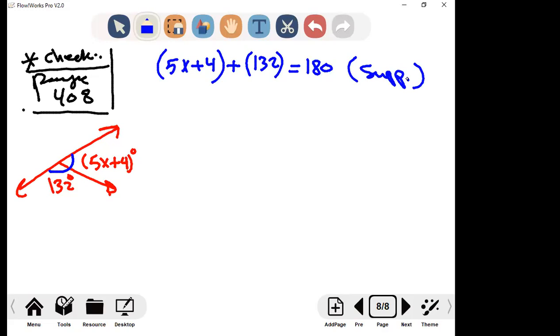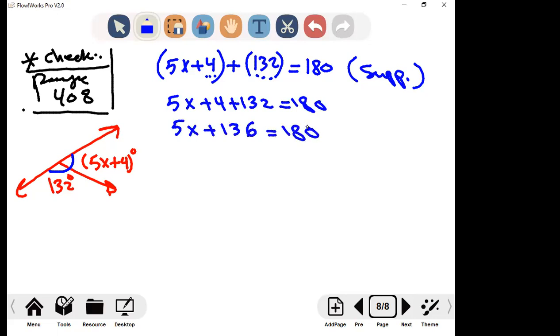Yeah. So here let's solve this equation. We can combine the 4 with the 132 like terms, right? So here 5x plus 4 plus 132 equals 180. 5x plus 136 equals 180.